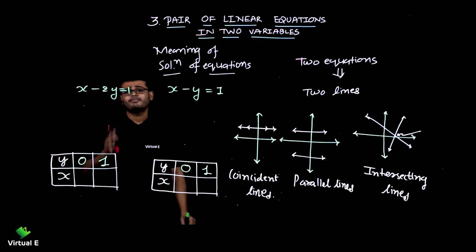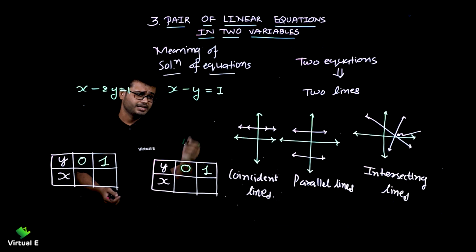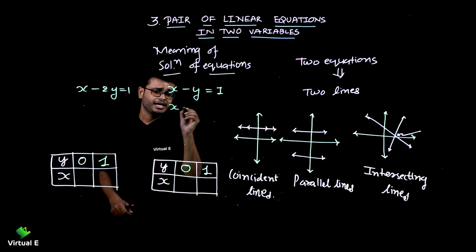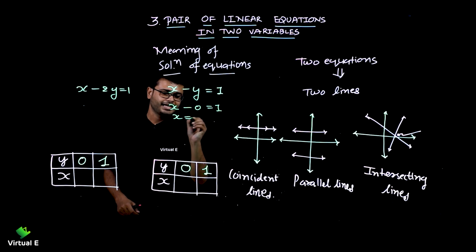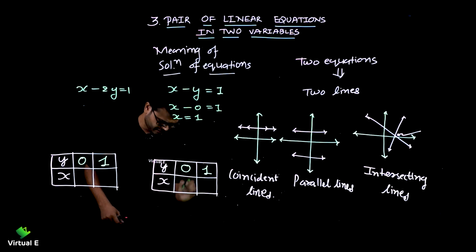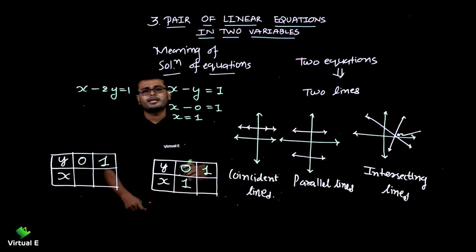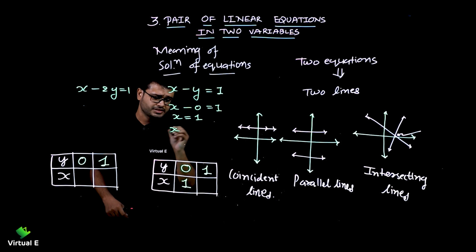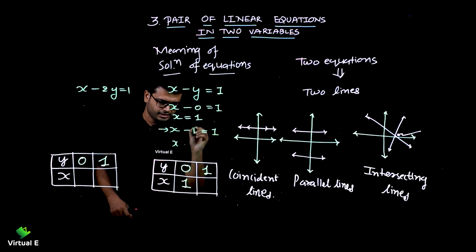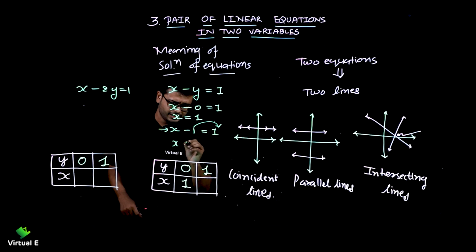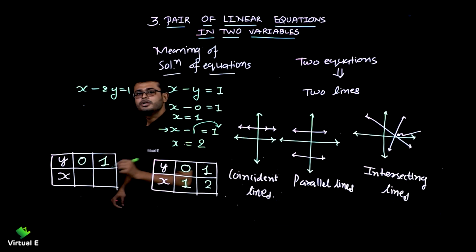So if I take the value of y in this case as 0, it will be x minus 0 is 1. So I will get x is equal to 1. Let me write over here. Let me take y is equal to 1 over here. So x minus 1 is 1, and if I shift that side, that will make 1 plus 1, 2. So the solution is 2.